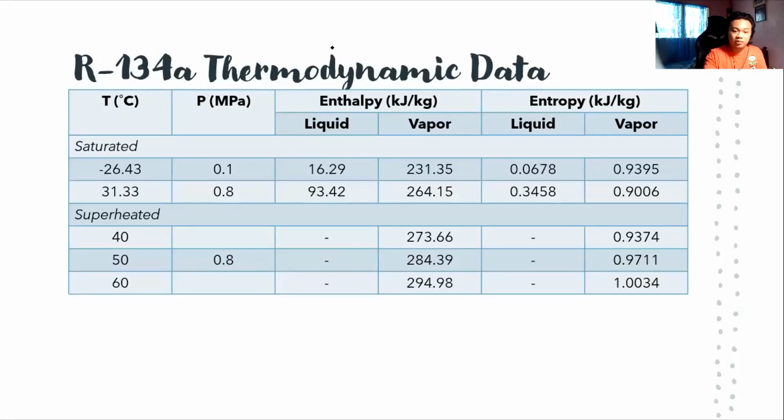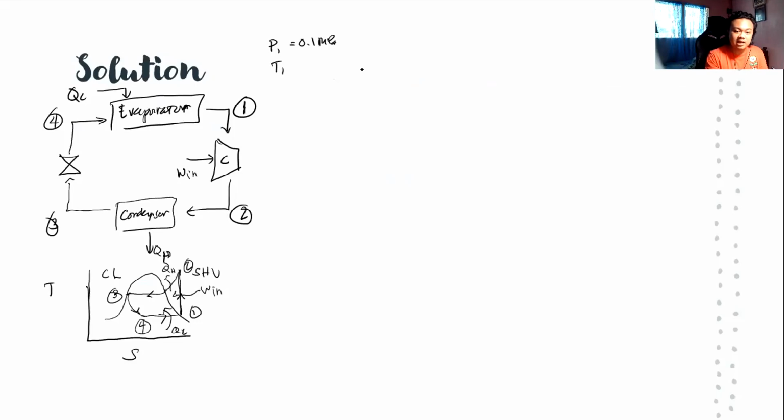So saturated vapor. So we have this, and then because it is saturated vapor, we are to get also this, and also this one. What's important here is the entropy and enthalpy.